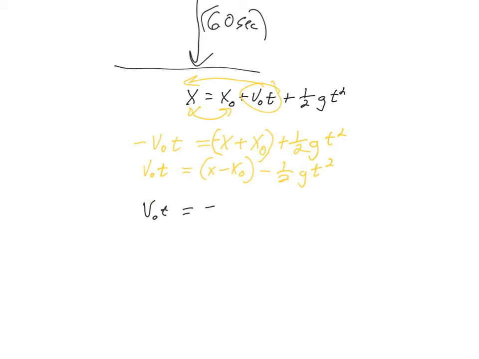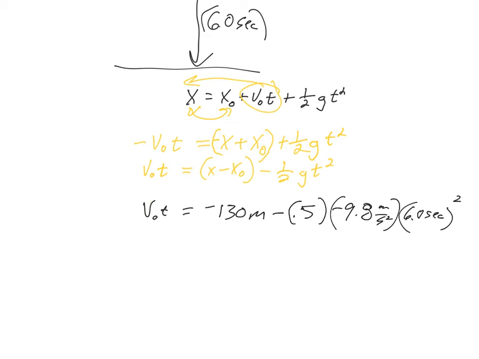This would be negative 130 meters minus 0.5, gravity's negative 9.8 meters per second squared, and the entire trip was 6 seconds, which is squared.